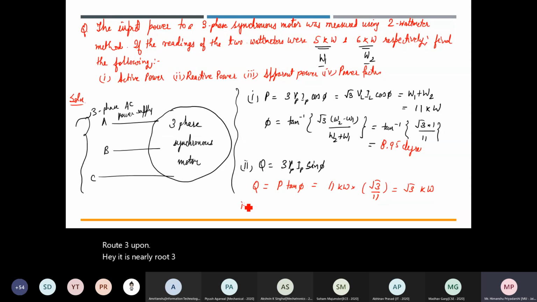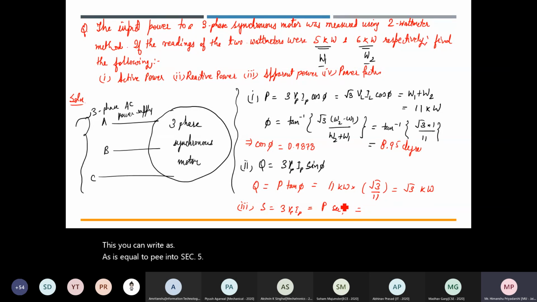Similarly, what is S? It is 3 VPIP. So how are you going to calculate it? If phi is this, cos phi is how much? Cos phi is 0.988. So you can write S is equal to P into sec phi.